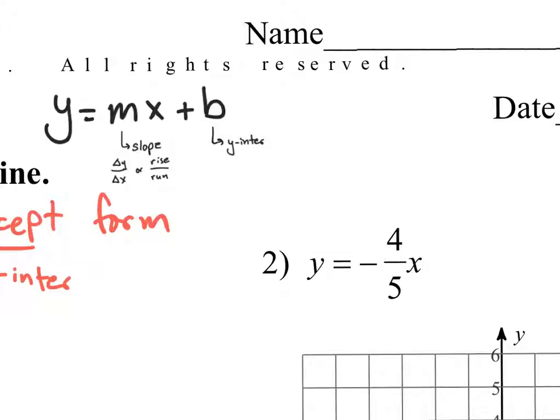And the y-intercept is a point. It's always a point. x is 0, and then you have your y, which means it's going to be along the y-axis. So always look for these 2 things first, because with these 2 pieces of information, you're going to be able to do big things.